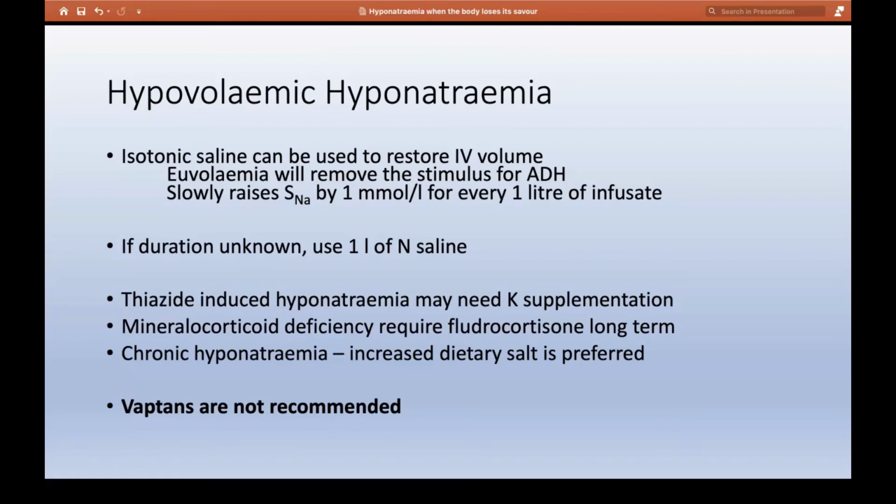If the patient is on thiazides, immediately stop it. You may need to give potassium also along. If the patient has Addison's disease, you may have to give fludrocortisone long term. And also increased dietary salt is preferred. But remember, these drugs called Vaptans are not recommended for hypovolemia. We'll talk about that.